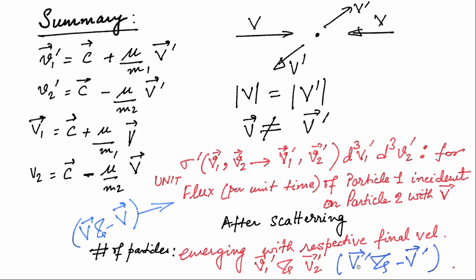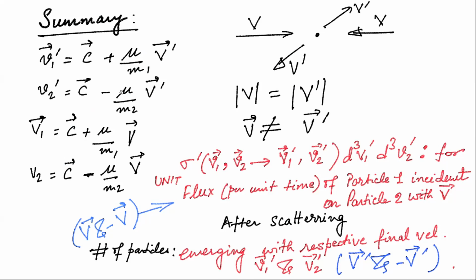With respect to the center of mass, they have relative velocities mu by m1 into v dash and mu by m2 into v dash, right?